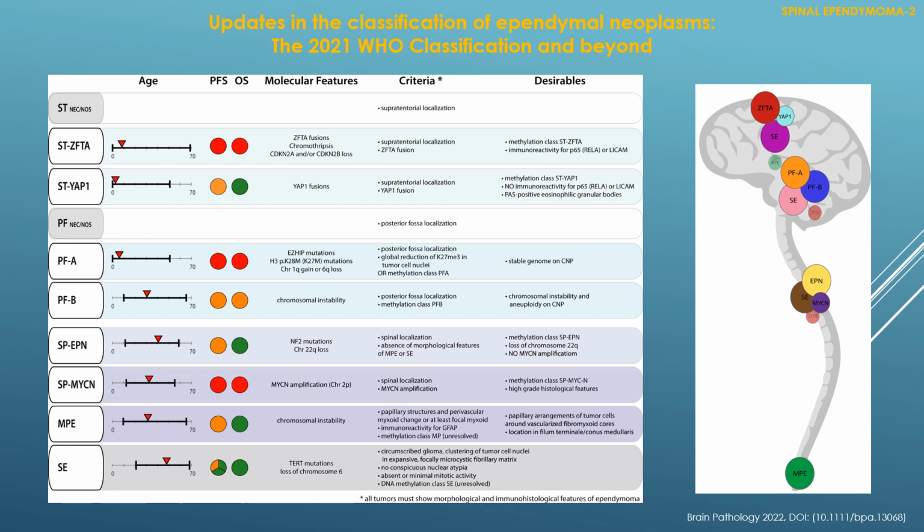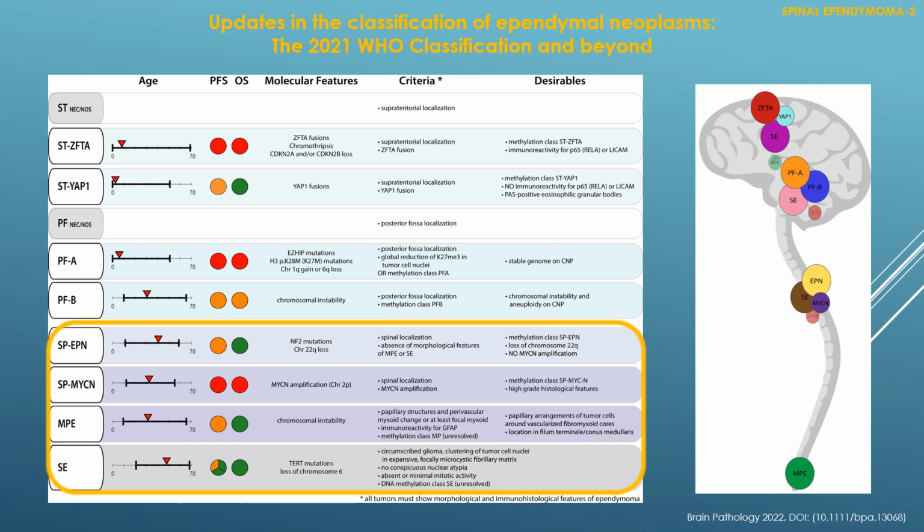In the present slide, you can see an overview of the key characteristics and diagnostic criteria of the distinct ependymoma tumor types. In the spine, we can find 4 different types, including spinal cord ependymoma, spinal cord ependymoma with MYC amplification, myxopapillary ependymoma, and subependymoma.